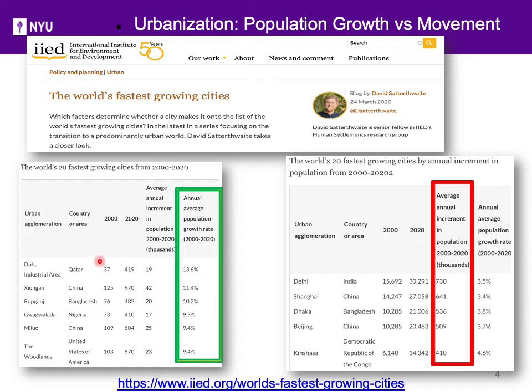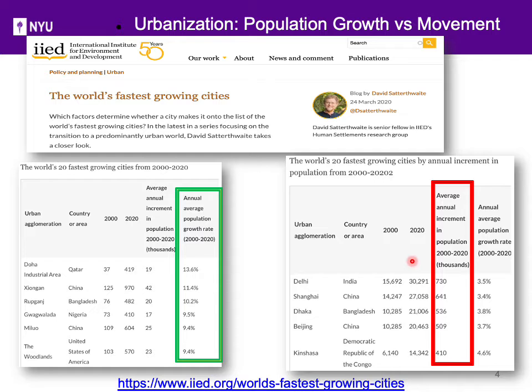It found that if you analyze cities based on the actual population growth, in which the actual population expanded, you came up with a different list based on the size of the population growth, compared to cities in which you had an influx of individuals. And in those cities, the population growth was actually relatively small compared to these cities.